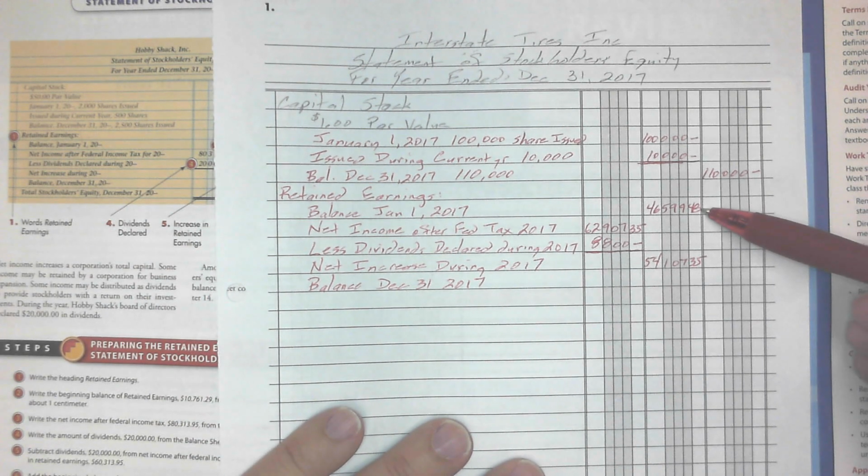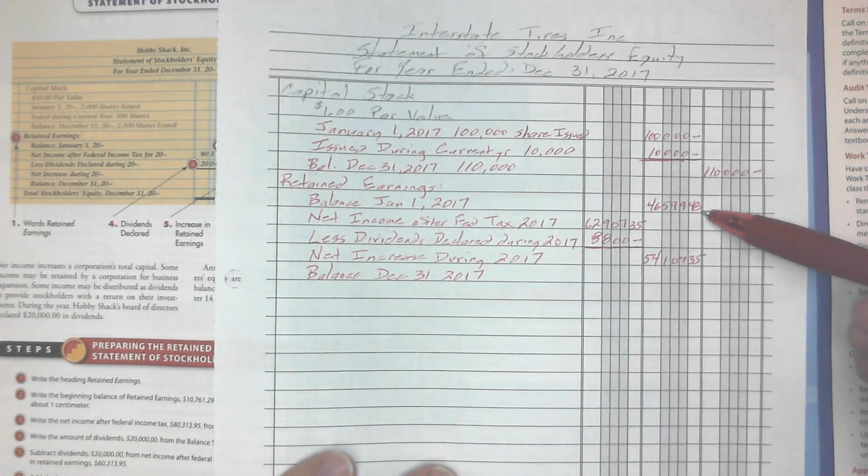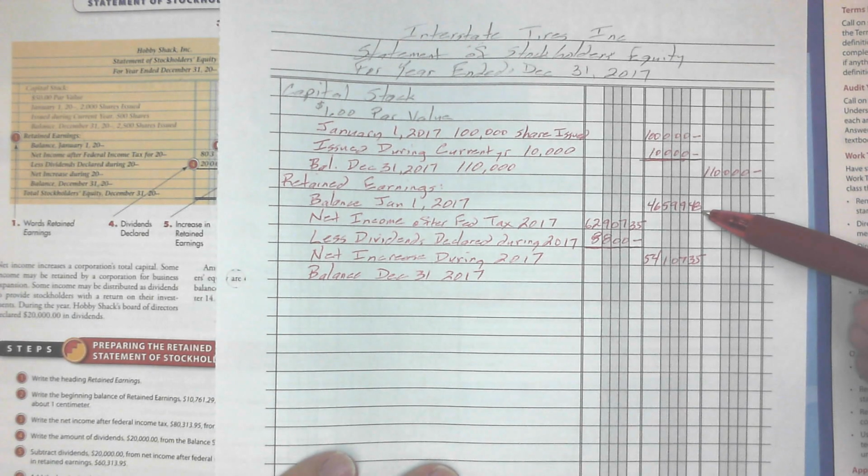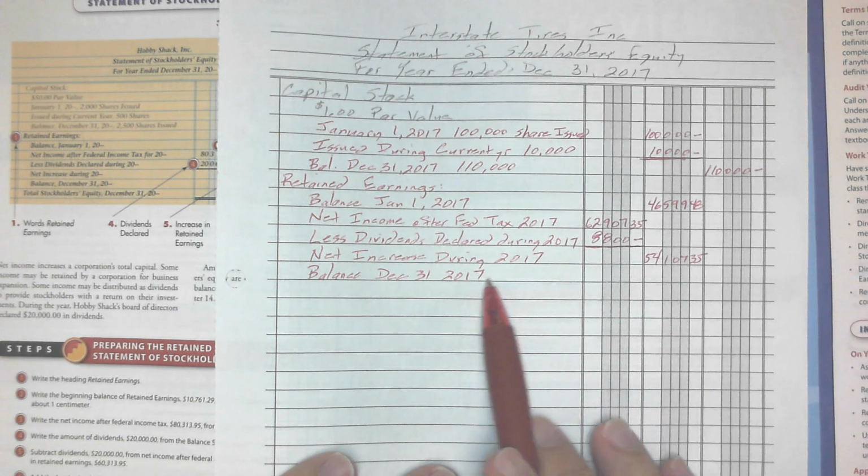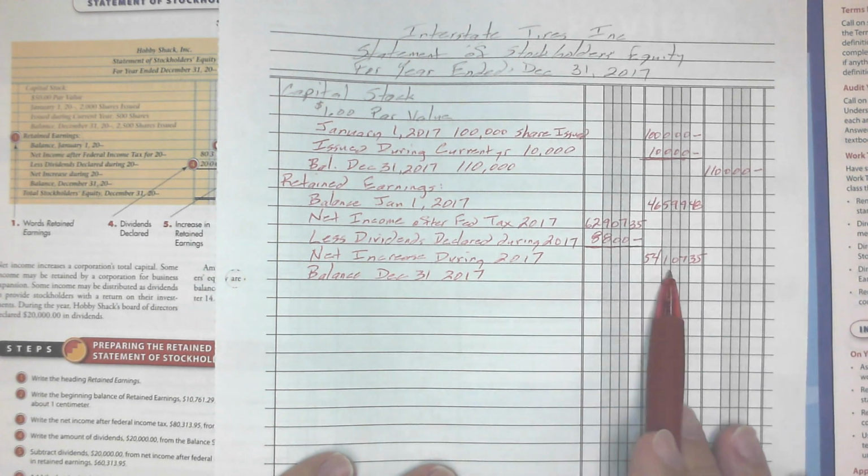So we're going to take our balance that we had on January 1st. So that was the amount of retained earnings that were already banked. That money's already in the bank. At the beginning of the year, then we have our increase during the year, $54,000.